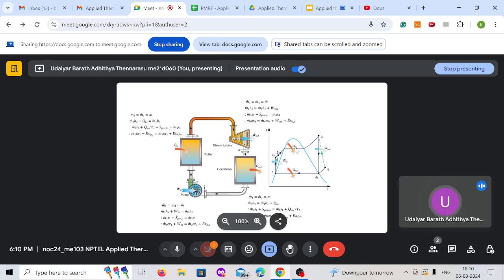So we have two isobaric processes and two reversible isentropic processes. So if you see, 1 to 2 is an isentropic compression. This state 1 is a saturated liquid. So we're compressing the liquid, pumping the liquid to state 2, 2s for an ideal case.